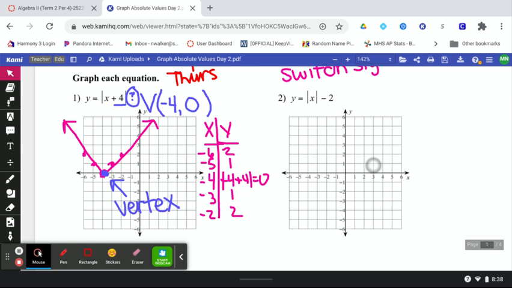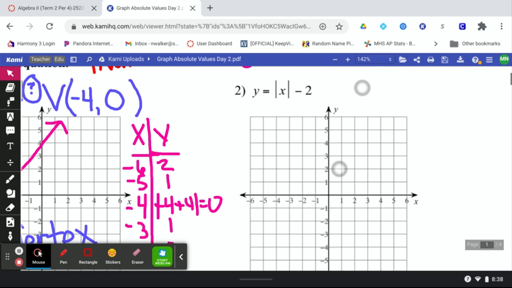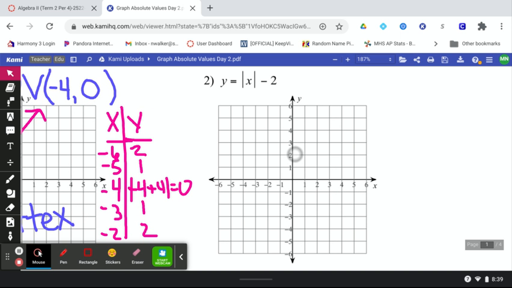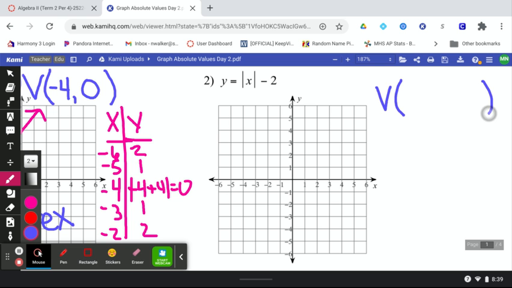We are subtracting something, but are we subtracting inside or outside of the absolute value? The outside. When you are finding the vertex, the x coordinate always deals with what's inside the absolute value, and the y coordinate is the number outside being added or subtracted. And those signs down there are the absolute value symbols.